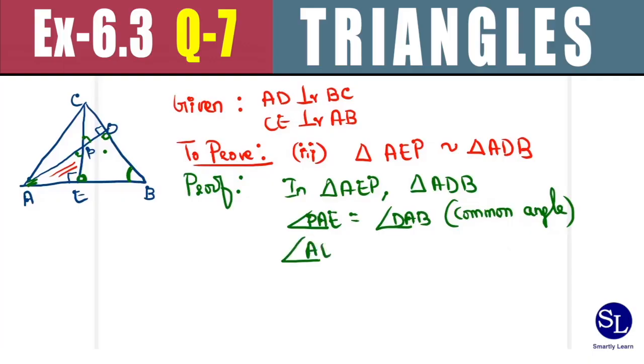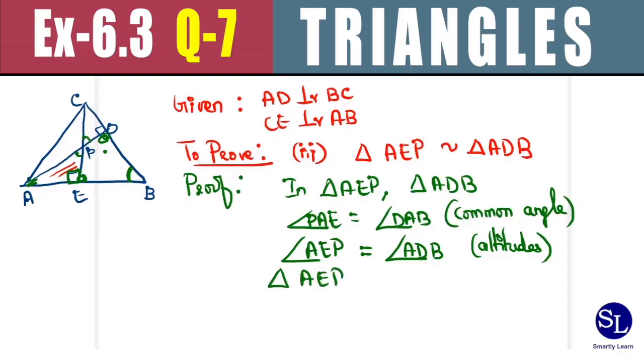Then the next one is angle AEP is equal to angle ADB. We are talking about this angle AEP being equal to this angle. Why? Because they are the altitudes given to us. So now again two angles are equal. So triangle AEP is similar to triangle ADB using AA similarity.